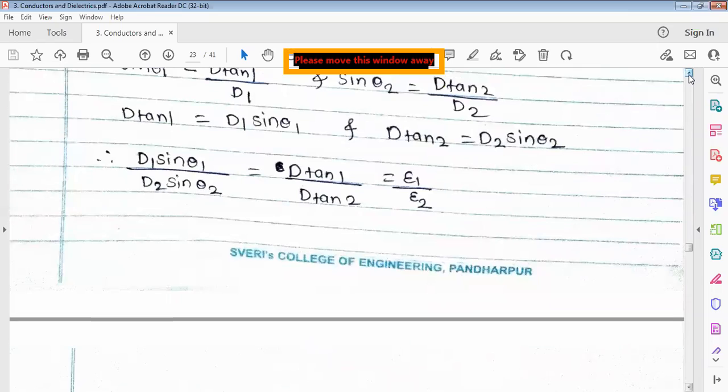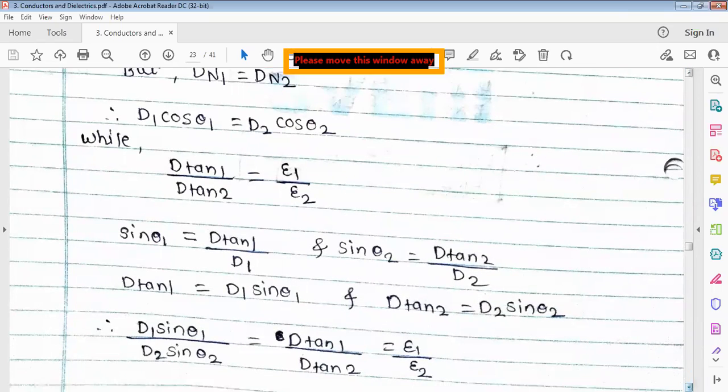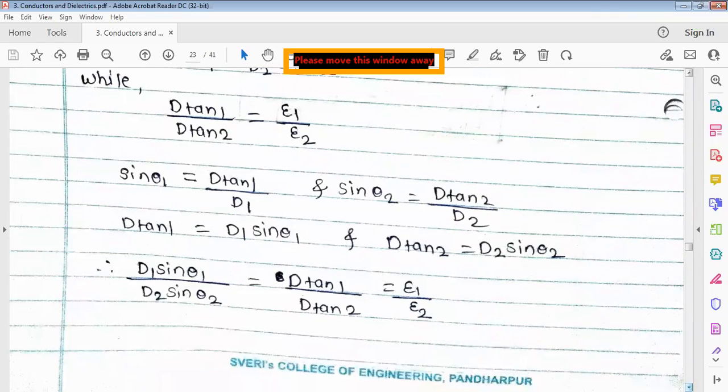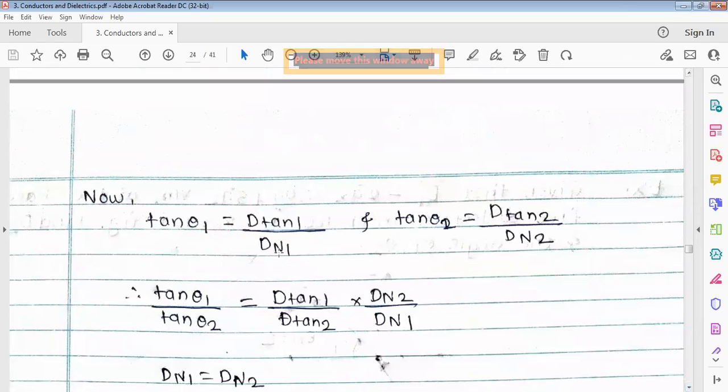For sine theta we are getting d tan 1, and for cos theta you are getting the normal component, that is dn1.